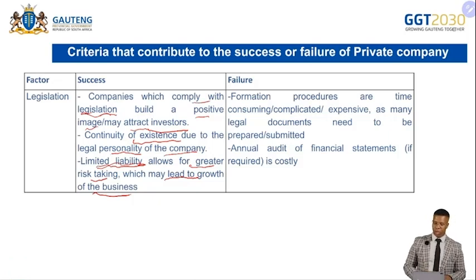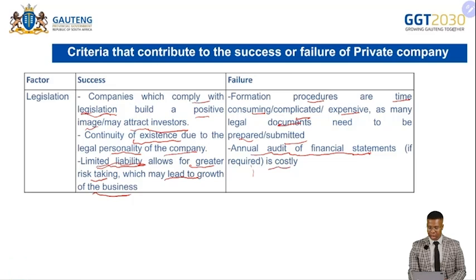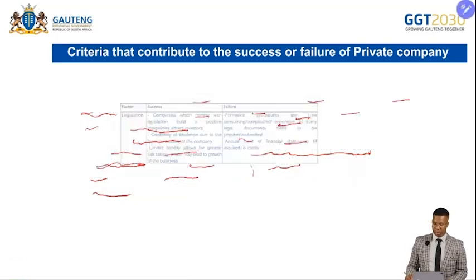And then when you look into the failure, the formation procedures are now time consuming or complicated or very expensive, as many legal documents need to be prepared and submitted. And then another failure is that your annual audits of the financial statements that are required can be very costly for the company to actually conduct, because they have to hire accountants, and it is a legal matter that has to be done within a private company.